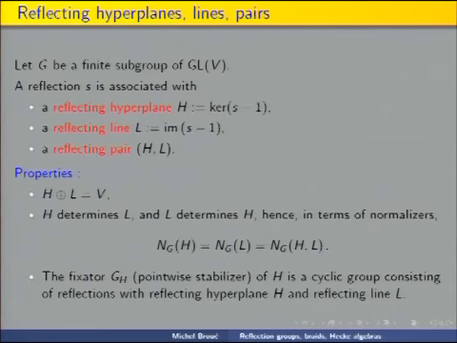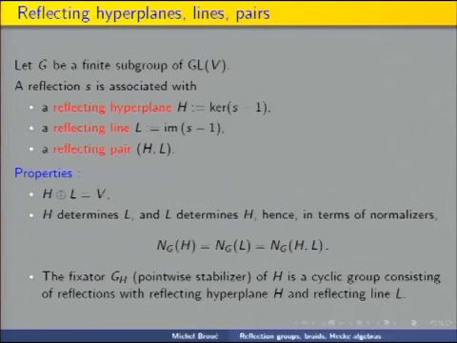I'm insisting because it's not universally admitted notation. So it's not that notation I want to talk about. I want to talk about stabilizer and fixator.